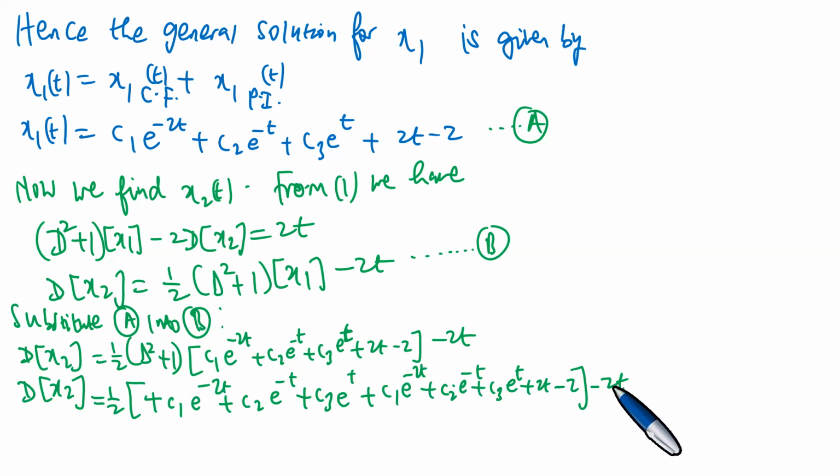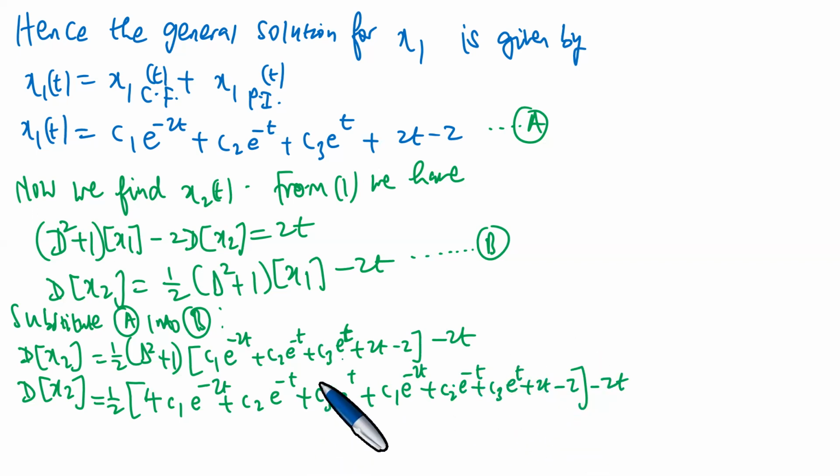So we kept the half outside, and the -2t was just sitting over there. And then now we proceed to, okay, this is a 4. Now, in view of this thing here, any like terms here, there's a C1, C2, C3, and there's another C1, C2, C3.